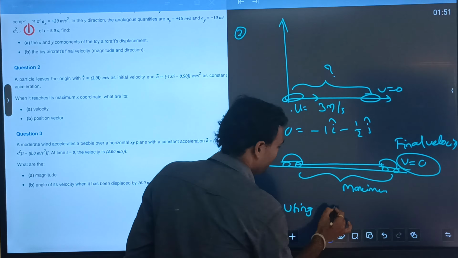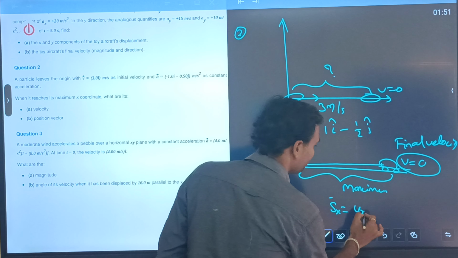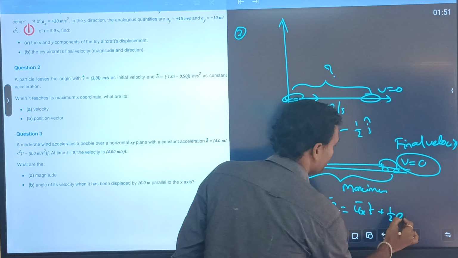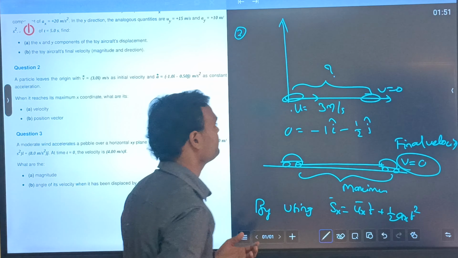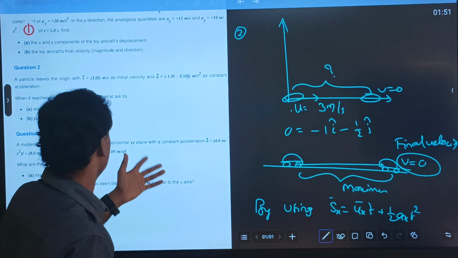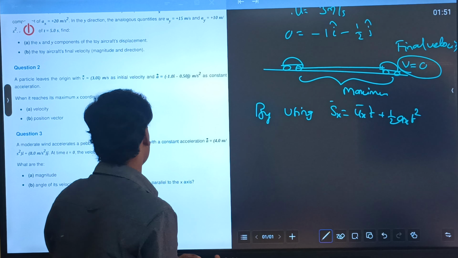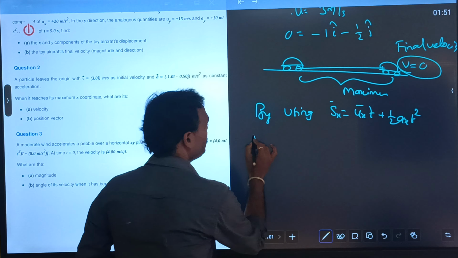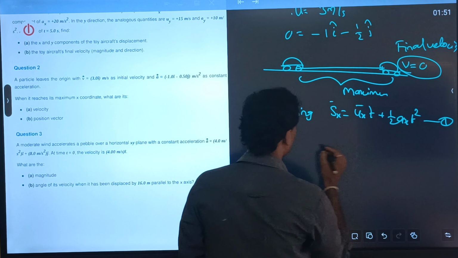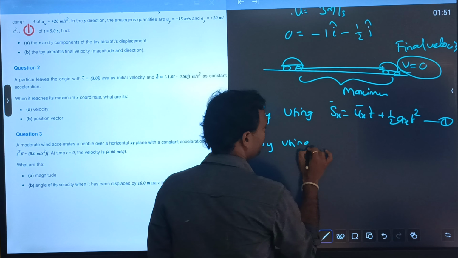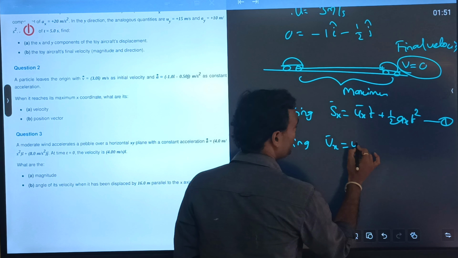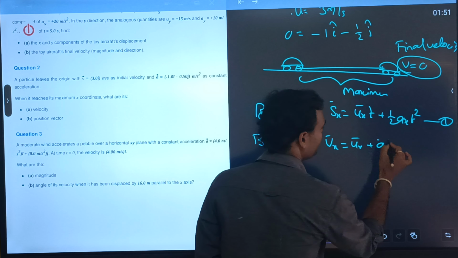Now by using Sx = uxt + half axt square. But here they have not given any t term. Let us first of all find the t term. Let it be equation number 1. By using Vx = ux + axt.